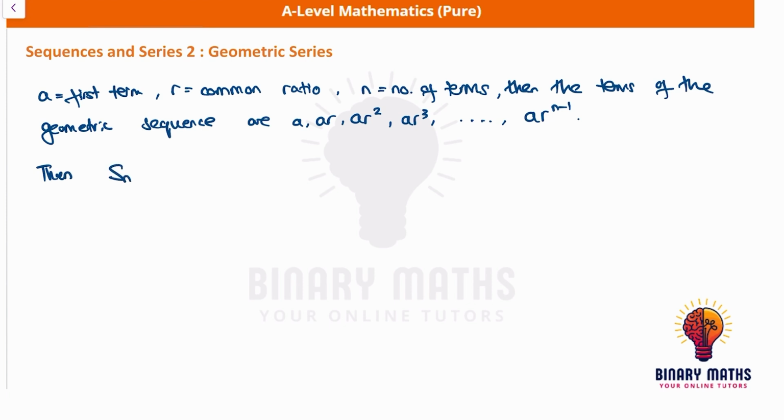Then Sn will be a plus ar plus ar squared plus ar cubed plus dot dot dot plus up to the last term, which is ar to the n minus 1, which is the nth term.